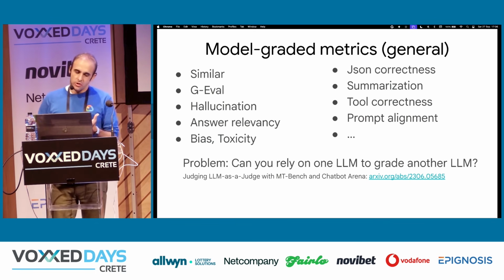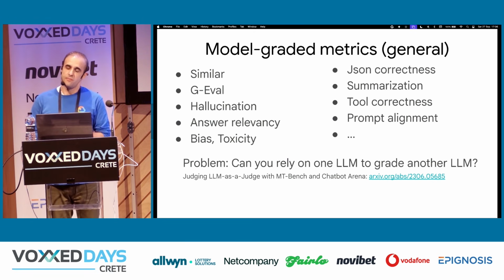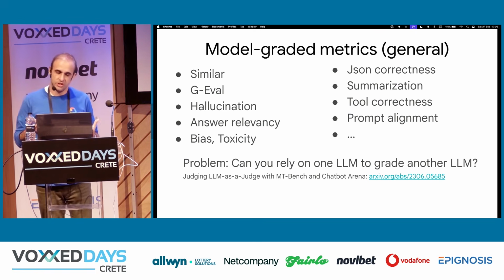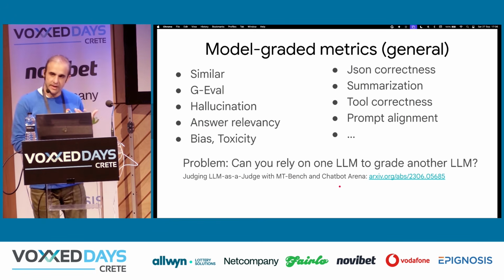But at this point, you might be asking yourself, can I actually rely on a model to be a judge? Because models are not deterministic, so does it make sense to rely on a model to do these measurements? According to this paper, LLM-as-a-judge, which you can get the link to here, they're actually as good as human evaluators.